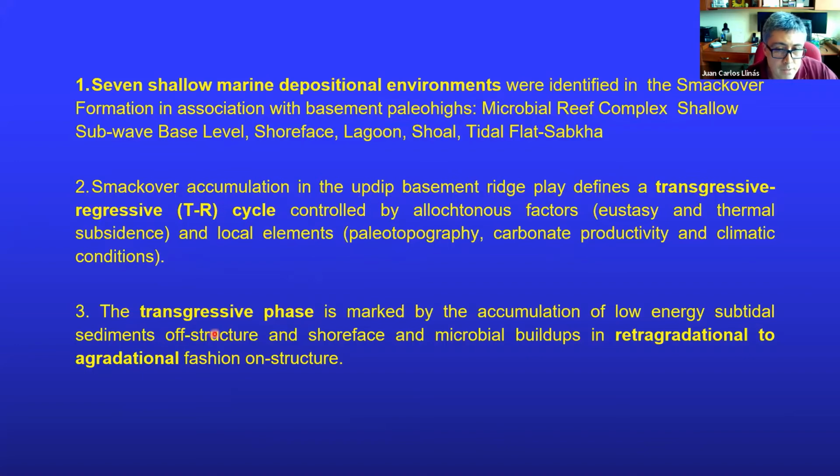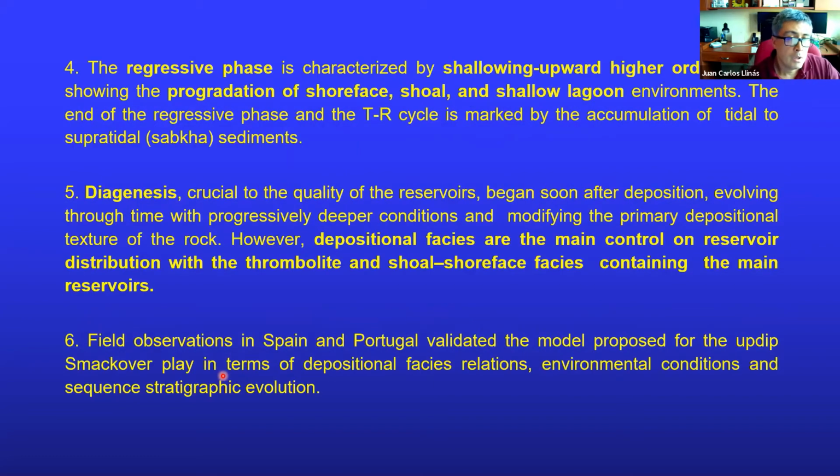The transgressive phase is marked by the accumulation of low energy subtidal sediments, microbial buildups in a retrogradational fashion on paleohighs. The regressive phase is characterized by shallowing upward, higher order cycles, showing the progradation of the shoreface shoal environment.